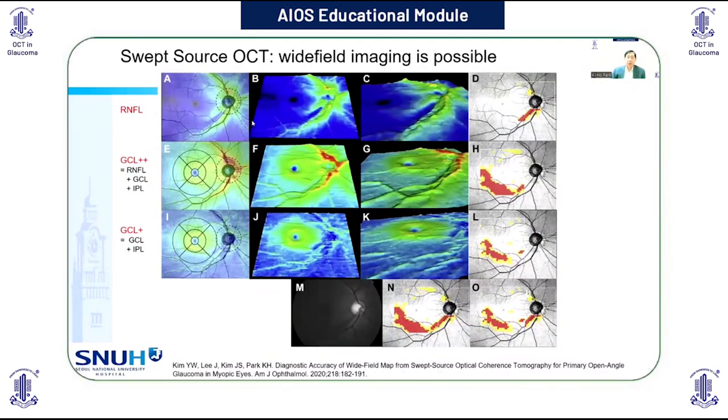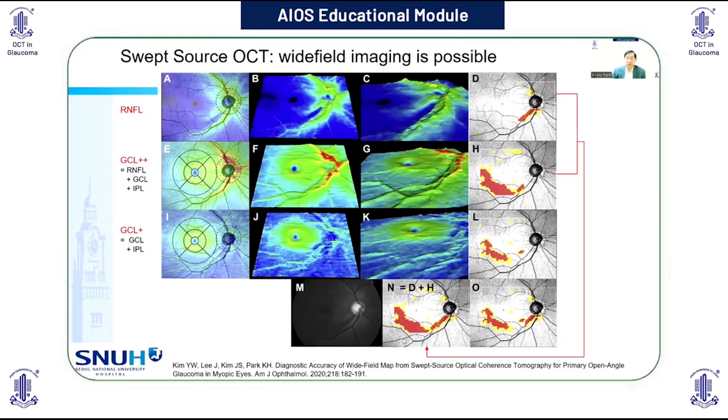And swept source OCT could create RNFL plus GCL2 plus, which means GCC in OptoView, including RNFL, GCL, and IPL. And it can be combined with RNFL analysis.